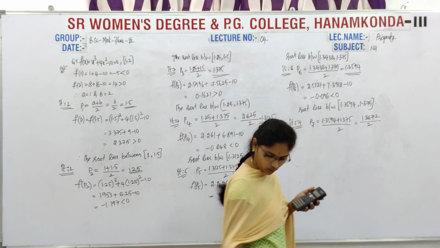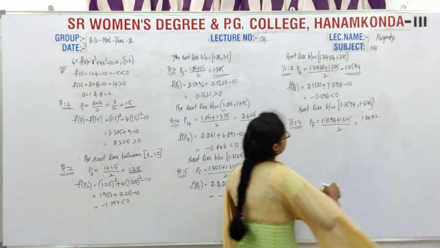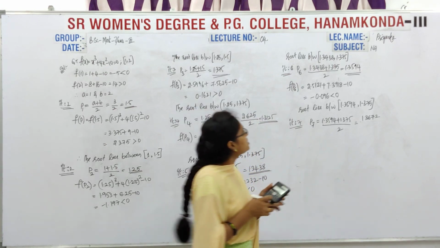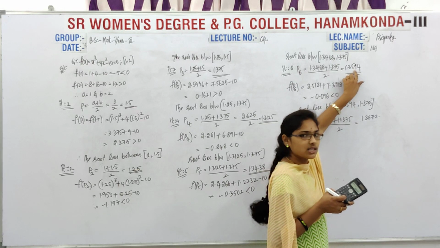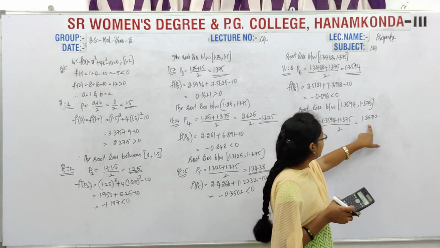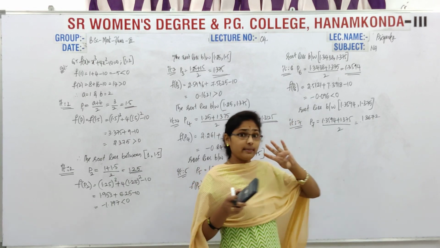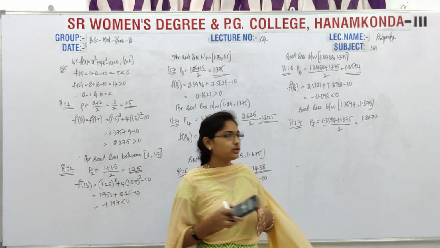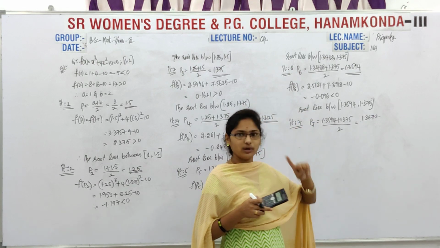Already I did the division. So 1.3672. See here, actually 1.3594, nearly we will take it as 1.36, but I am calculating again because I have to get exact values. At least, they mentioned 4 digits, so that's why I am trying to see 4 digits. But here every time I am getting only 1 digit.